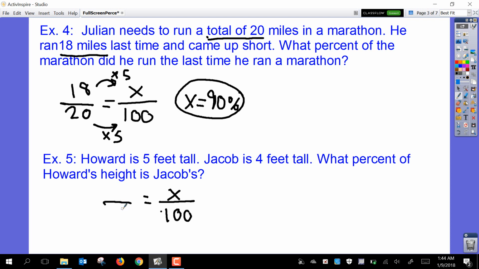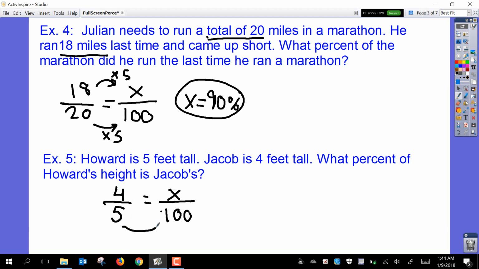So he's going to go in the denominator. So there's going to be a 5 over here, which represents Howard's height. I need to figure out what percent of Howard's height is Jacob's height. So I'm going to put the 4 at the top to represent Jacob's height.